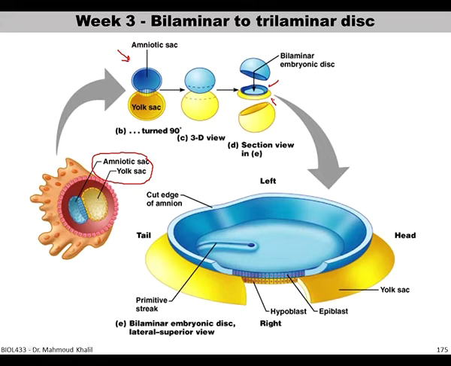If we enlarge this bilaminar disc, you can see where the epiblast and the hypoblast are. The hypoblast sits over the yolk sac, while the epiblast is responsible for the formation of the primitive streak, which is formed by the same process that occurs in avian development we discussed in the last lecture.